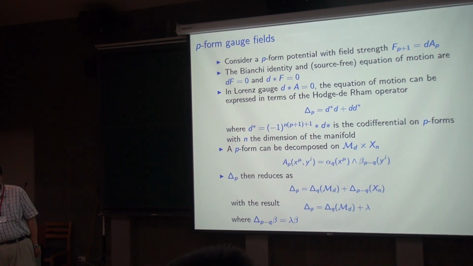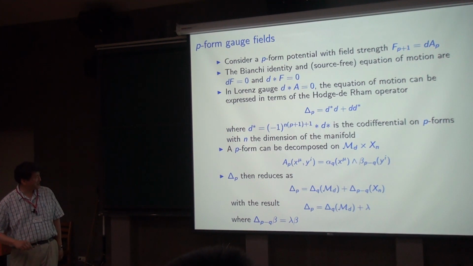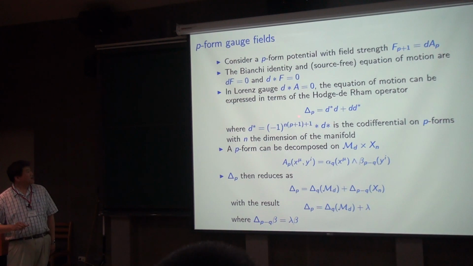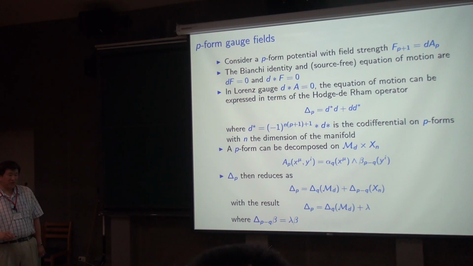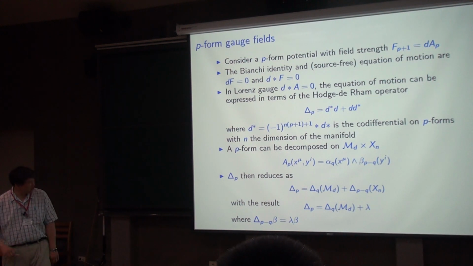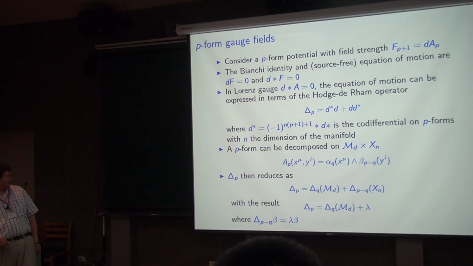So I guess I don't have time to go through all the details, but let me just highlight that this is box A mu equals 0, except it's box in curved space. There might be some different sorts of curvature issues as well. So if I do a Kaluza-Klein decomposition, I take my p-form in higher dimensions and break it up into lower dimensional q-forms and internal p minus q forms like that.